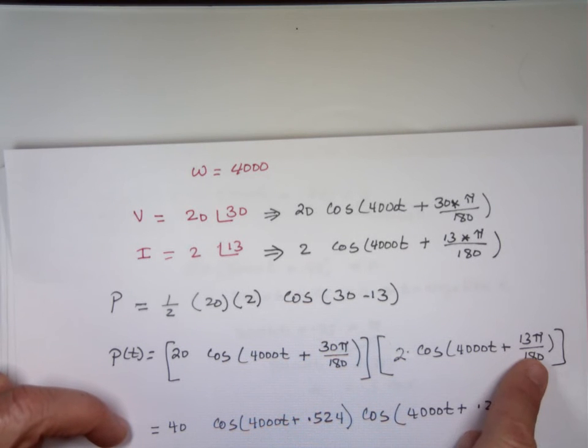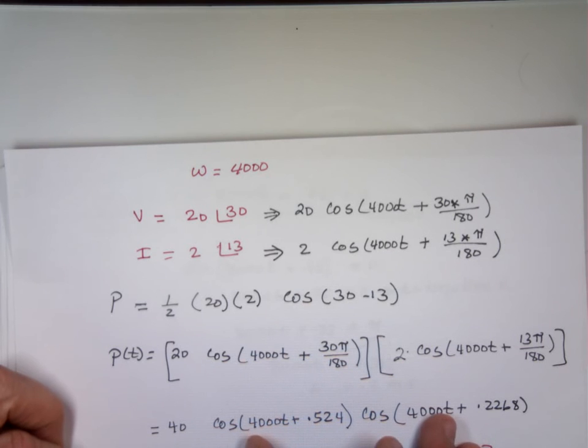So if they have the same value, this will be squared. Still, if you want to find the instantaneous power, it has to be at a time. What time? For instantaneous power? Yep, that's what you're asking me, for instantaneous power.